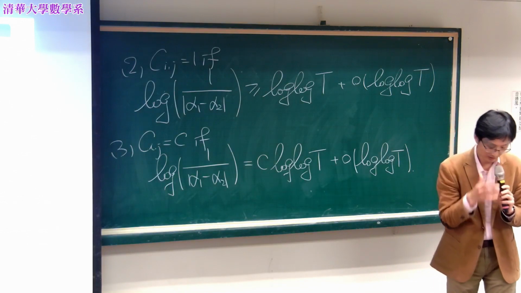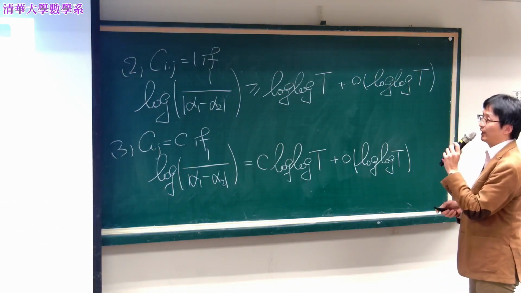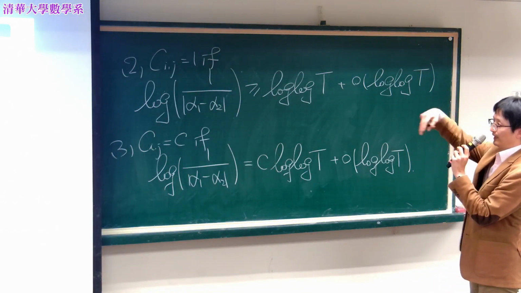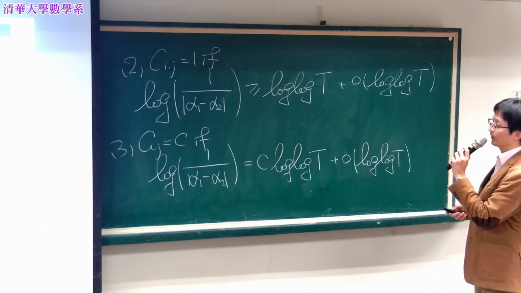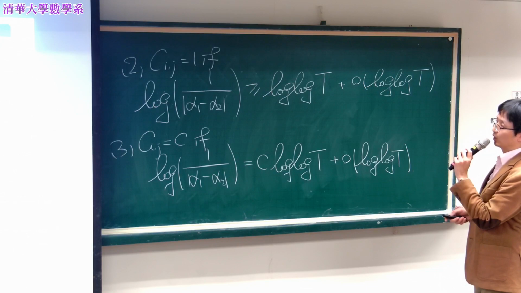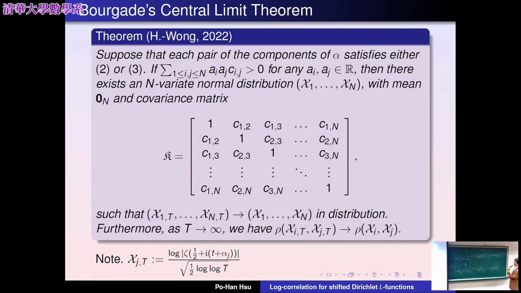Then there exists an n-variate, namely n-component, normal random variable with mean 0, and the covariance matrix of this distribution is exactly the matrix you were given, and this C12, C13 is exactly the growth condition of alpha 1 and alpha 2, and alpha 1 and alpha 3, and so on and so forth.